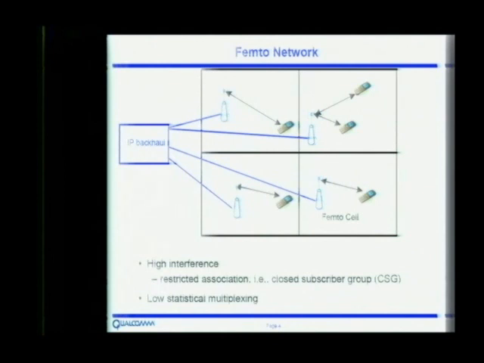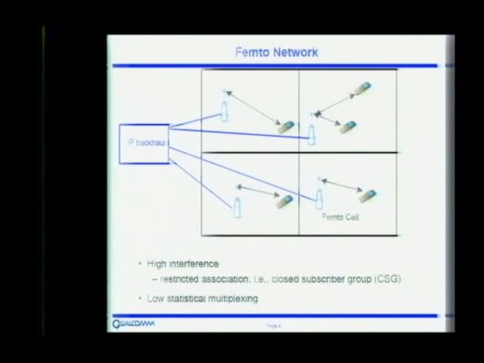So there are requirements in place which say that you have to listen to the macro. The femtocell has to behave like a mobile, listen to the macro, and then set its power so that it does not create a coverage problem. So there are all these safety mechanisms that are put in place to protect the macro.